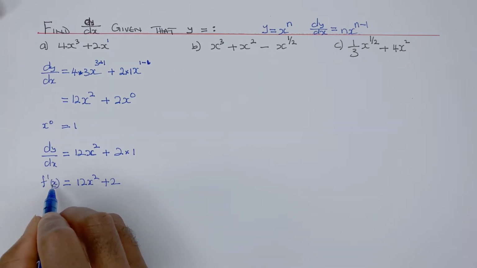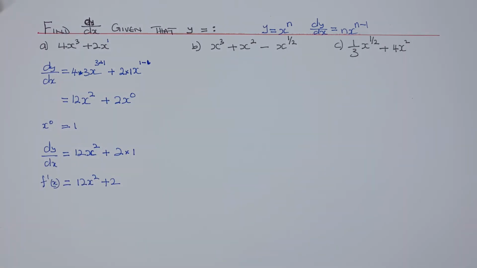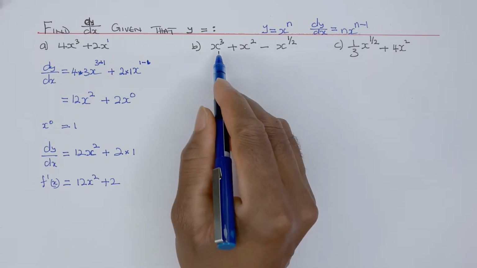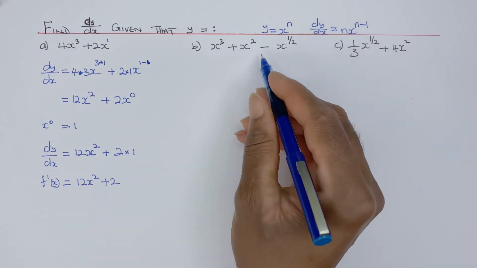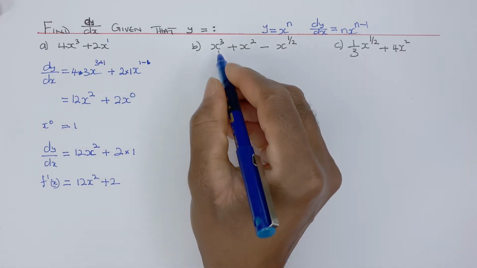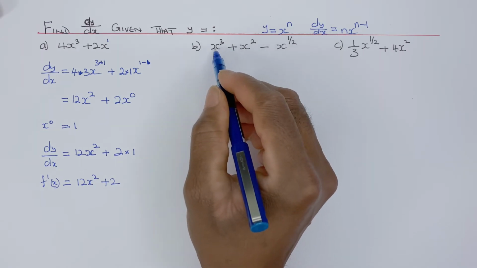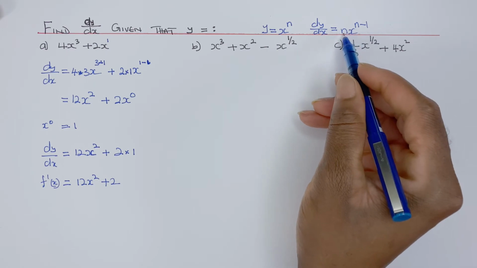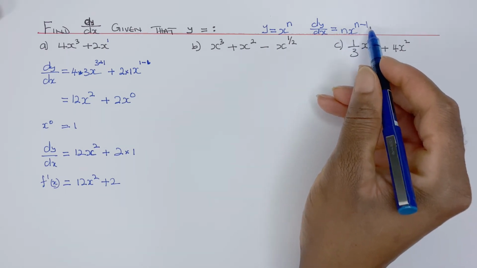f dash x is dy/dx. So number 2, part B, again you have to do each one separately and then you add them or take them away from each other. To differentiate that, x to the power 3, n is 3, so we have to bring the 3 down, x to the power 3 minus 1.